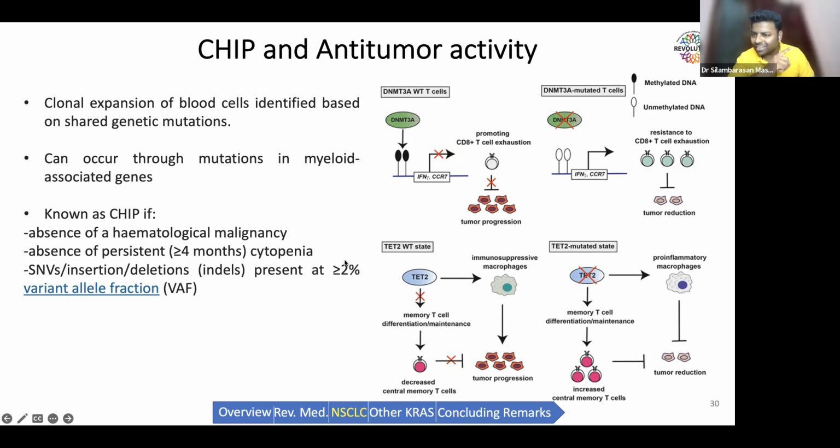If you look at the earlier genomic profile, most of the mutations have less than 2%. Those mutations we need not bother about at all, because they could not play any important role in the cancer, except one mutation which we saw at 3.2%. That could potentially be CHIP.